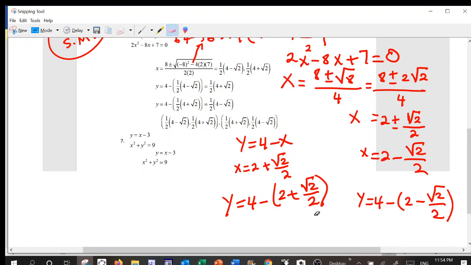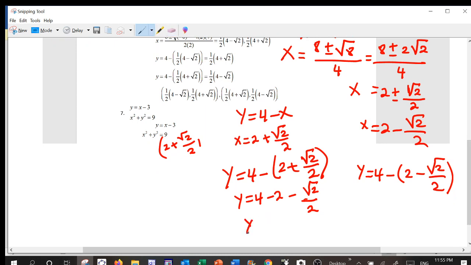So these are just two numbers, right? And these are ordered pairs. So x is going to be 2 plus the square root of 2 over 2, and the y is going to be 4 minus 2 plus square root of 2 over 2. 4 minus 2 is 2, so y equals 2 minus the square root of 2 over 2.